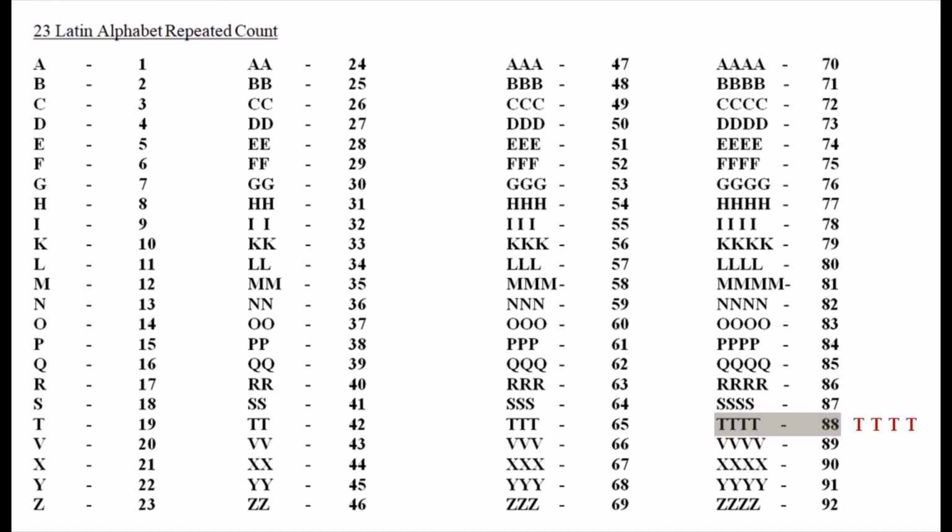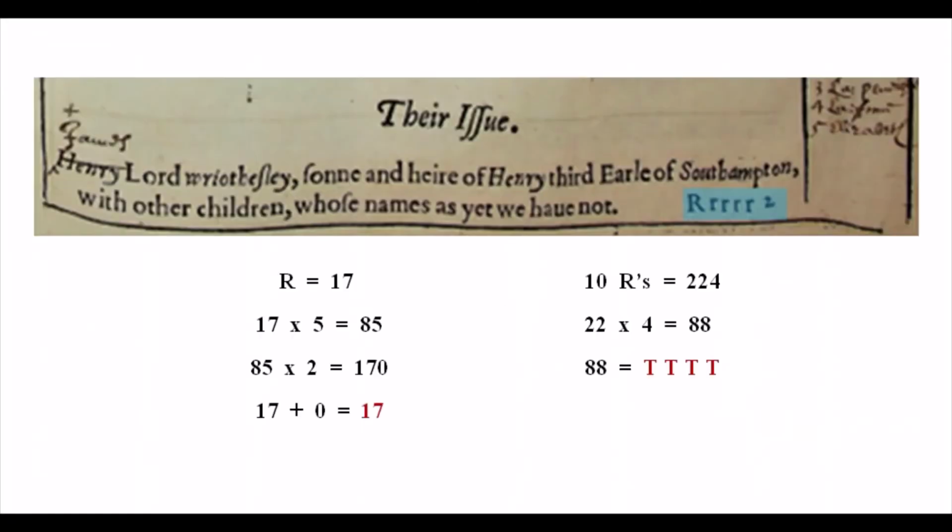Again, using the repeated count, 88 equals 4 t's. So this collation mark is equivalent to both 17 and 4t, which makes me think maybe it's not a coincidence.